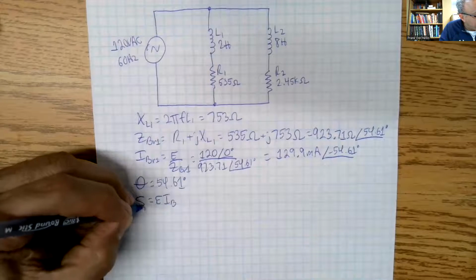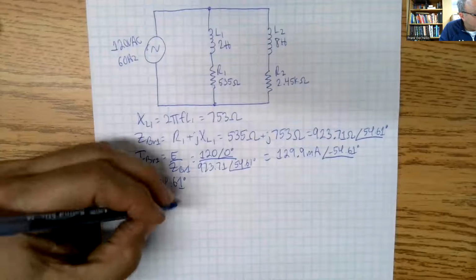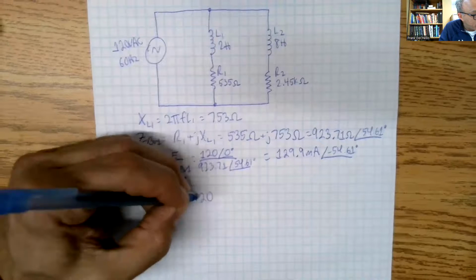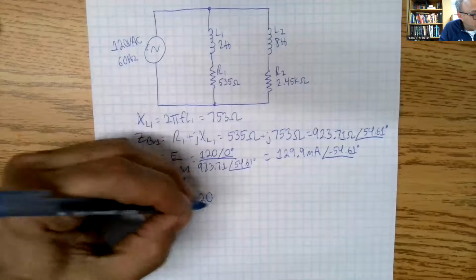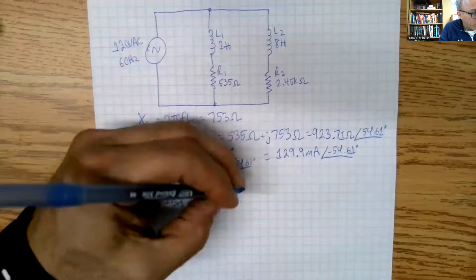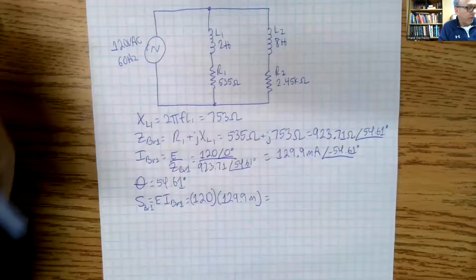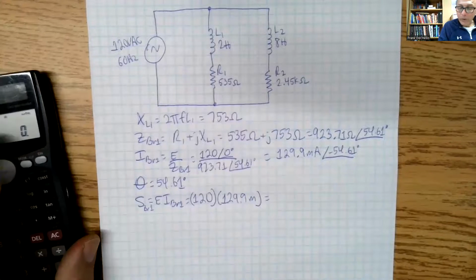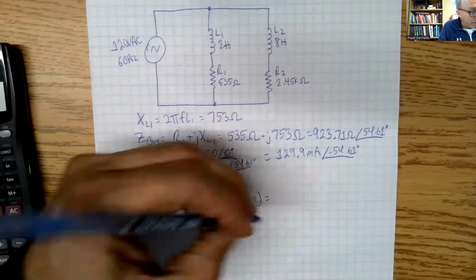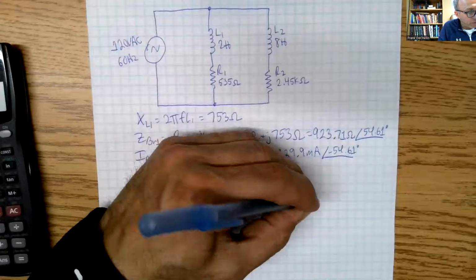Alrighty, so S, our apparent power, is equal to E times the I of branch. The apparent power of branch 1 is equal to E times the I of branch 1, which is 120 times 129.9 milli. There are no angles here. If we worked all that out, we would get 15.588 volt amps.